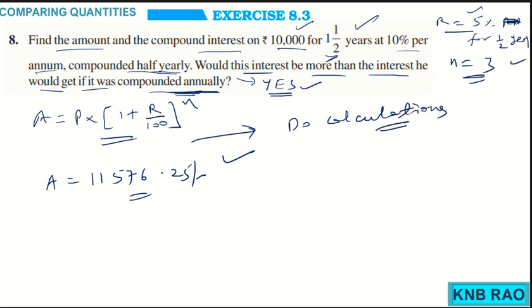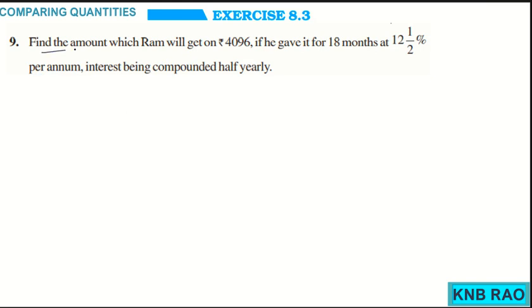Then coming to question number 9. Find the amount which Ram will get on 4096. That means this is the principal. It is given for 18 months, which means 1.5 year only. Again compounded half yearly, that means N becomes 3 only.